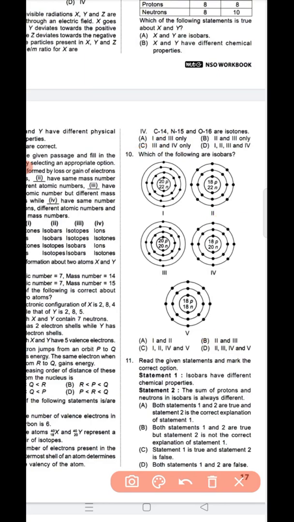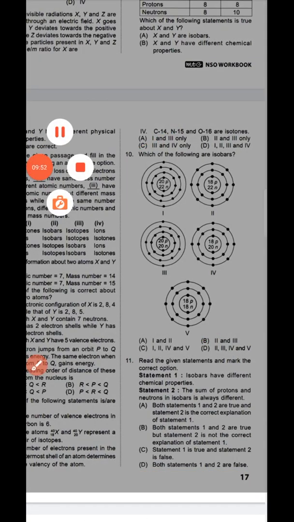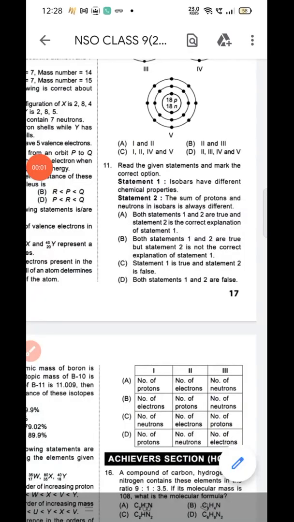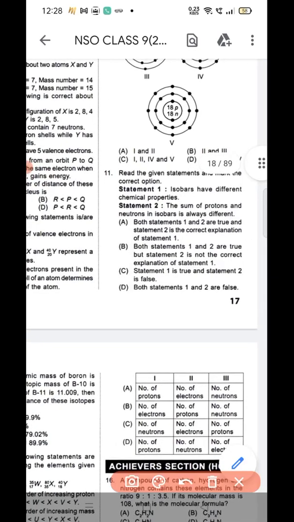So in question number 11, it is said, read the given statements and mark the correct option. Isomers have different chemical properties. The sum of the protons and the neutrons in isomers is always different. So question number 11, option C is the correct answer.